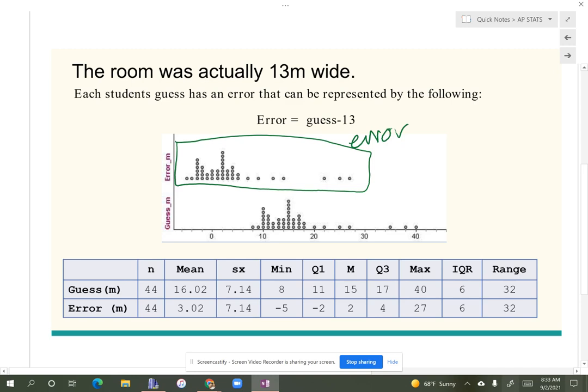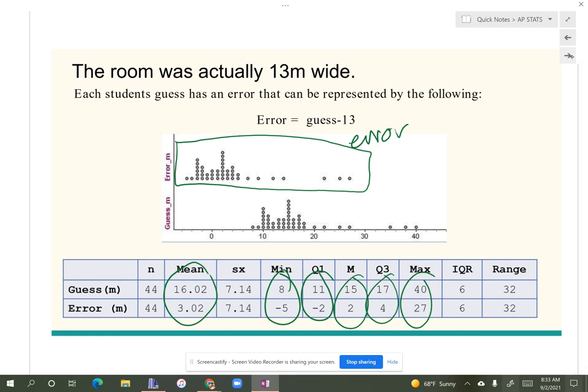The standard deviation stays the same, the IQR stayed the same, and the range stayed the same. So the spread and the shape didn't change. We just shifted everything over 13 spots. These are 13 apart, all of these are 13 apart, and the mean is 13 apart, but nothing else changed with spread and shape.